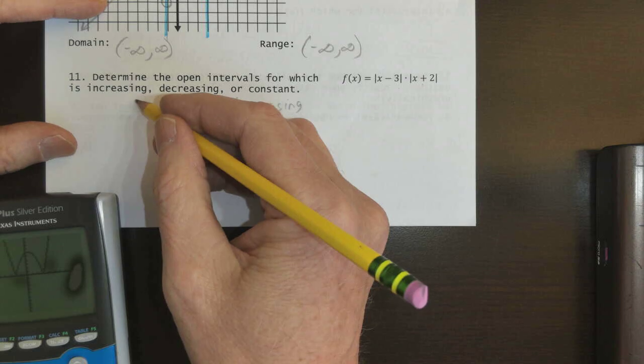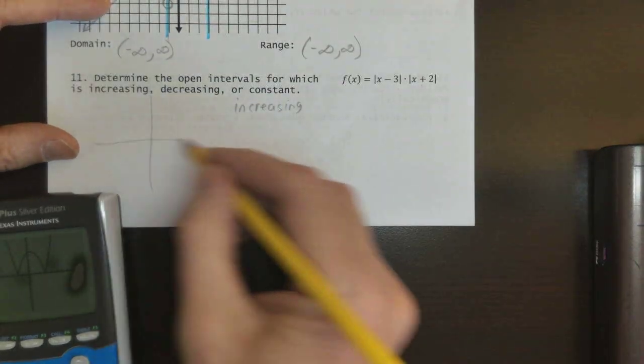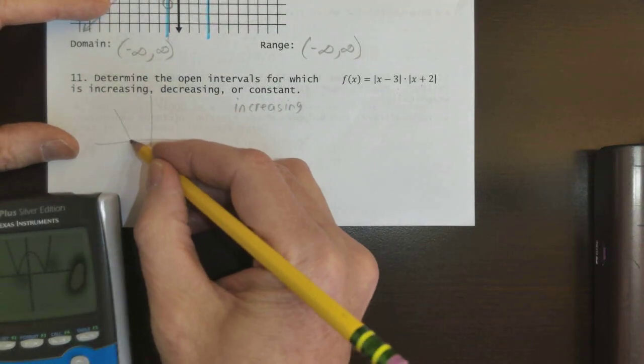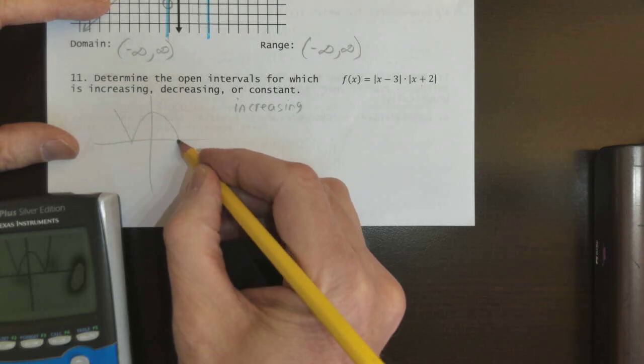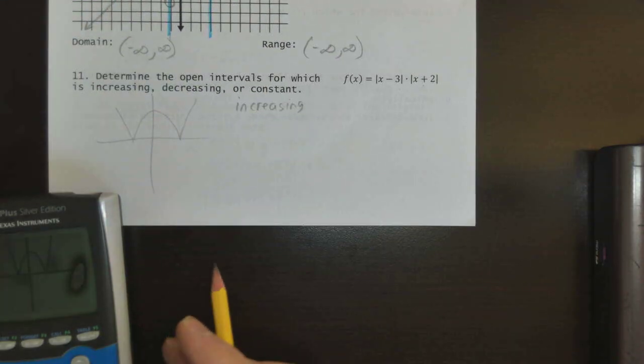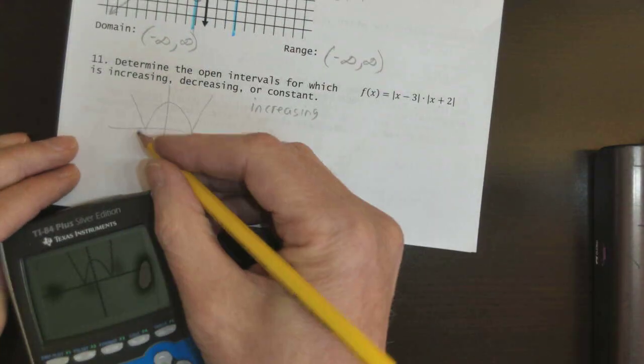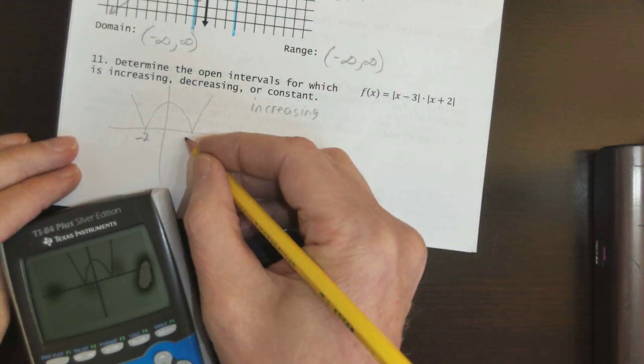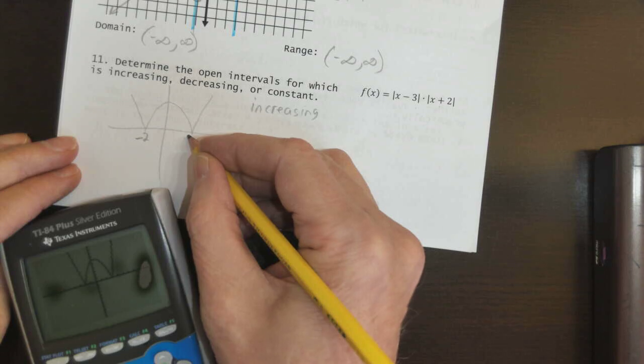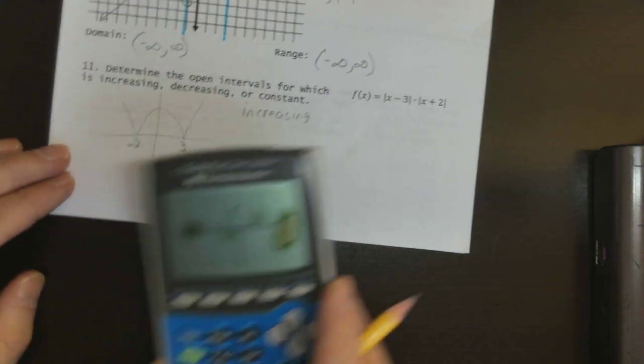I'm going to graph what we got there a little bit. Something like this. This is negative 2 here, and this is positive 3 here.